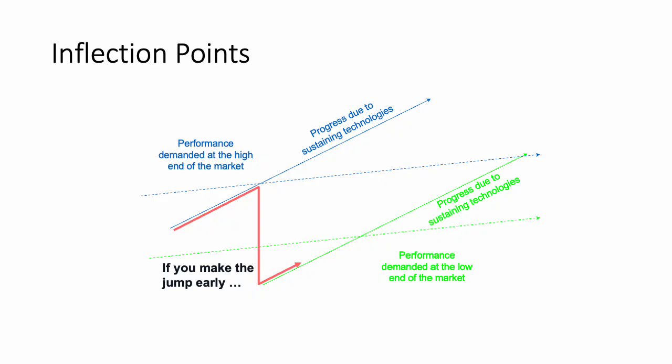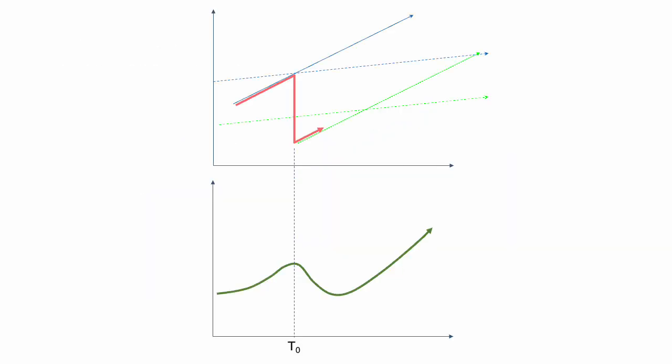If you make your jump early, imagine you're an innovative guy, you're looking at your organization, you're like, hey, there's this cool technology out there right now. It's not really ready for prime time, but I think we need to make a switch to it. If you make the jump early, what you risk is something like this. The bottom curve there is market share.